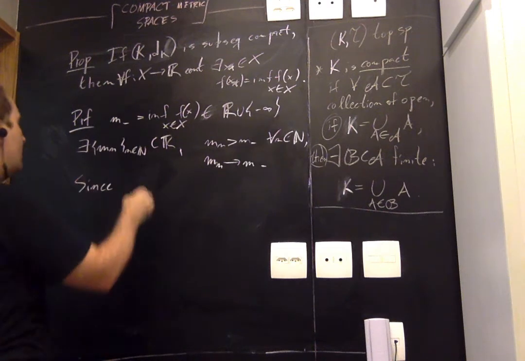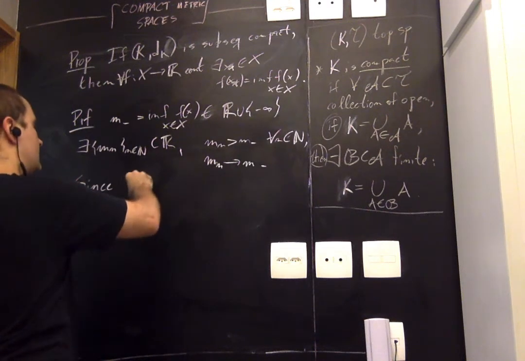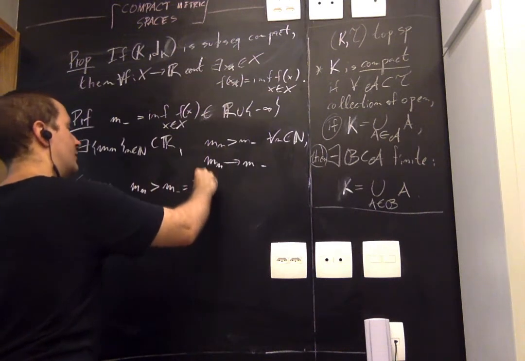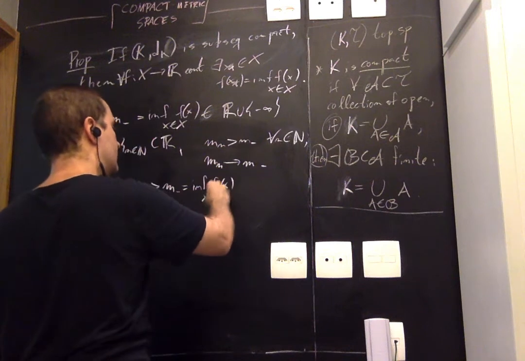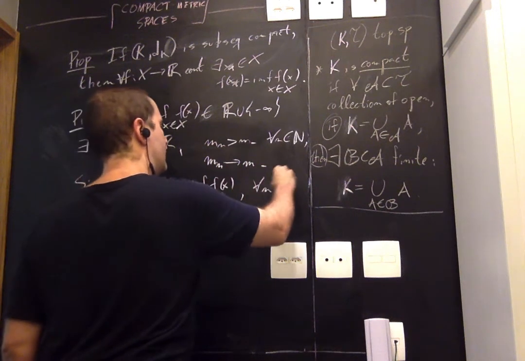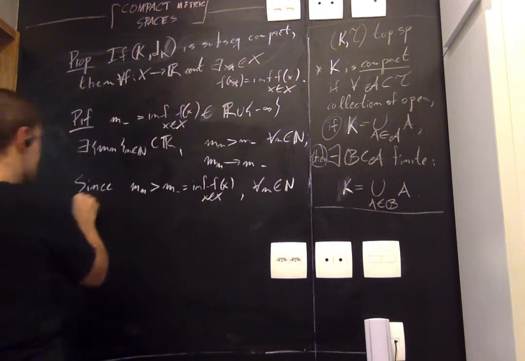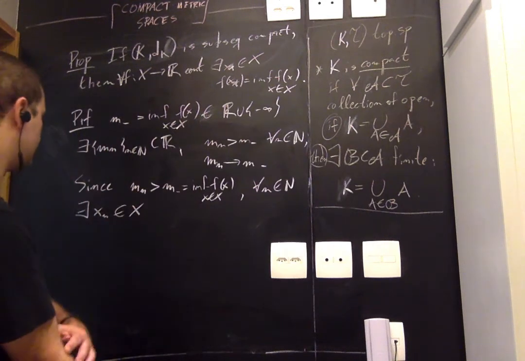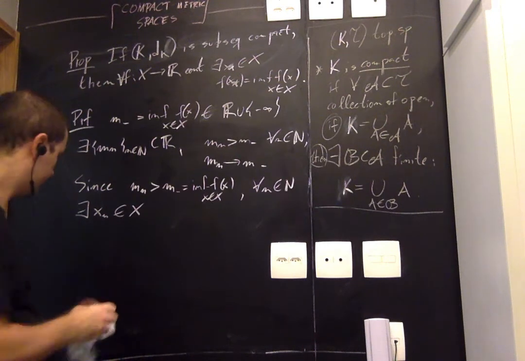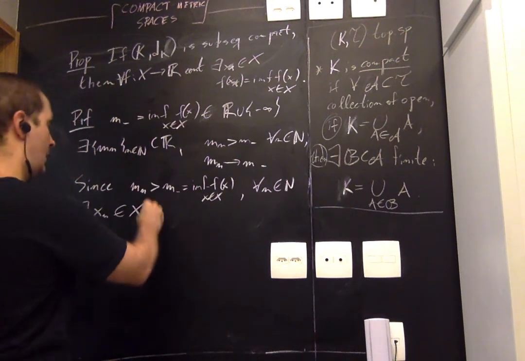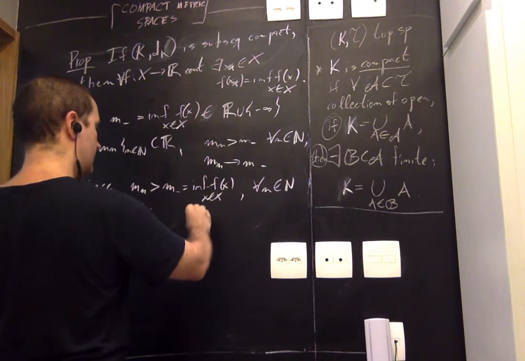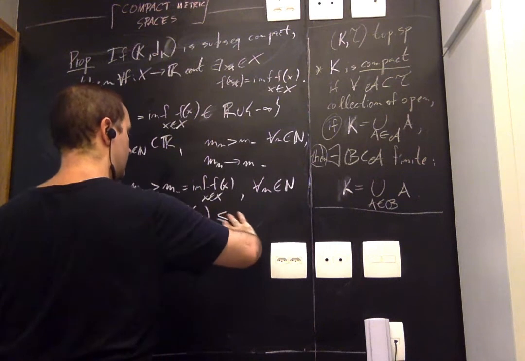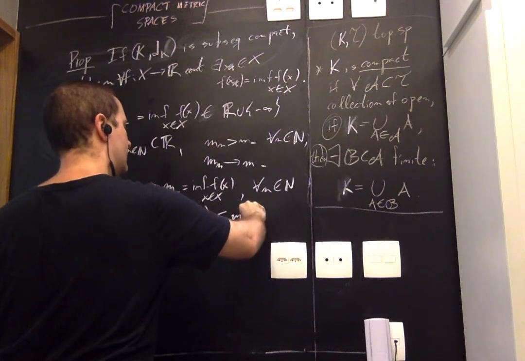Now we're going to use the property of the infimum. Since m sub n is greater than the infimum, which is m minus, which is the inf of f of x, for all n, there must exist a point x sub n in the space K which has a function value f of x sub n less than or equal to m sub n.